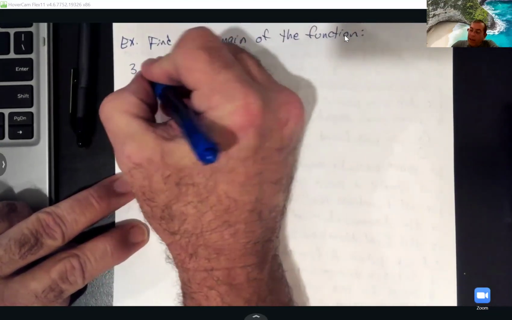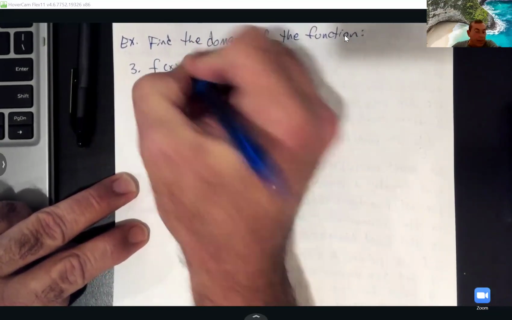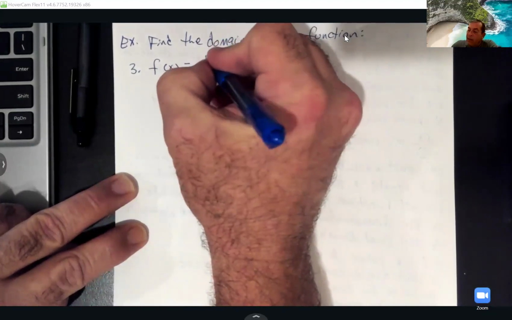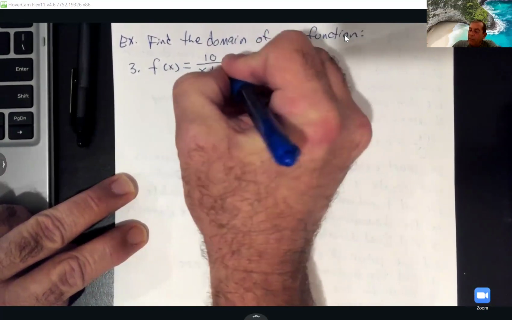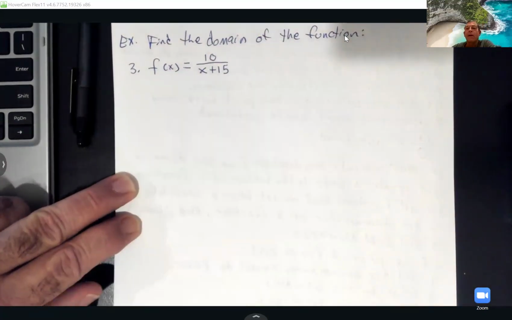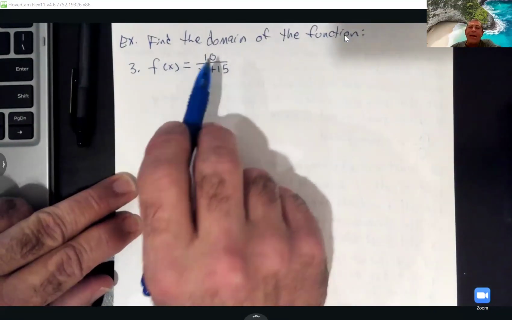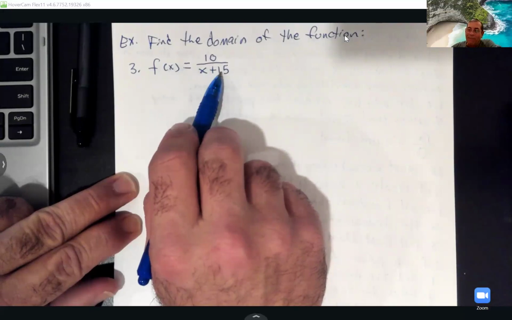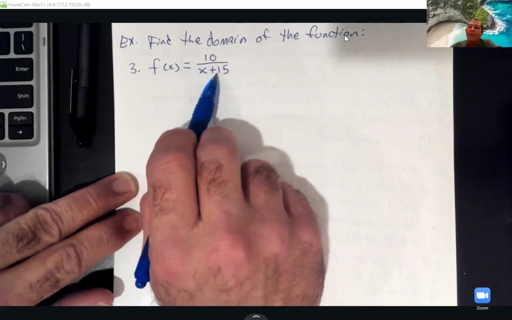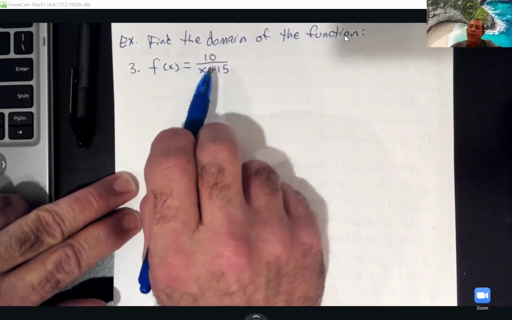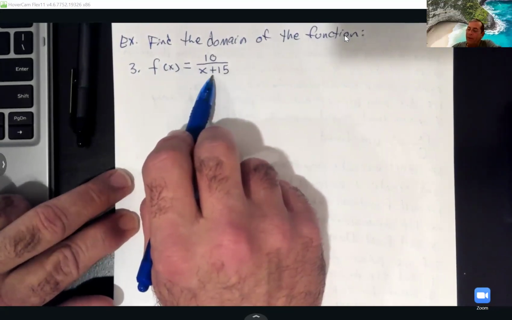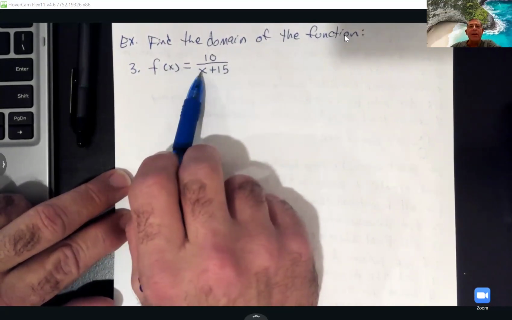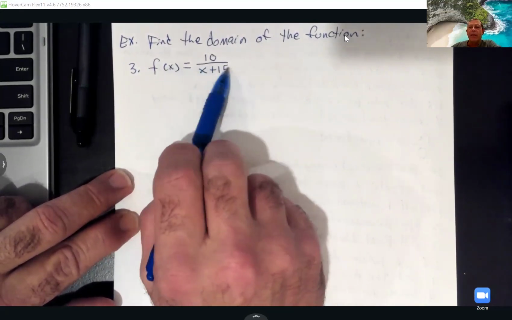They're giving me f of x equals 10 over x plus 15. Well, y'all, guess what? I do have a fraction. So since we have a fraction, remember, the denominator cannot equal 0. So we got to find the x value that'll make this bottom equal 0, okay?